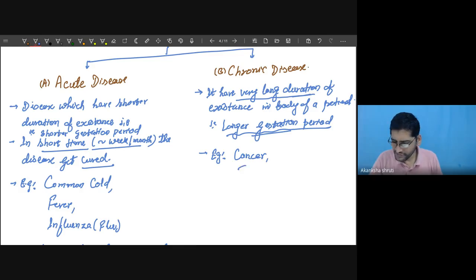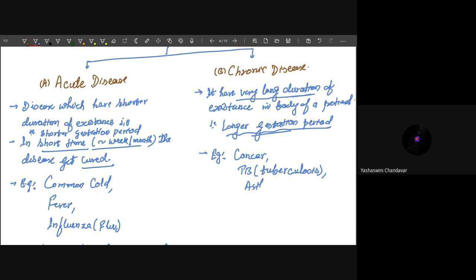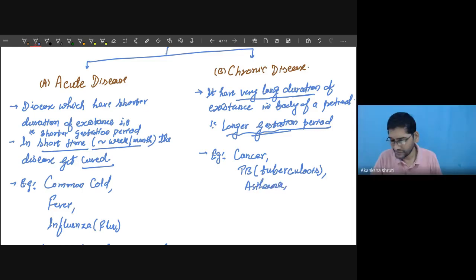Asthma, the TB, tuberculosis, polio. The other one is diabetes. These are a few examples which have a very long duration of existence.